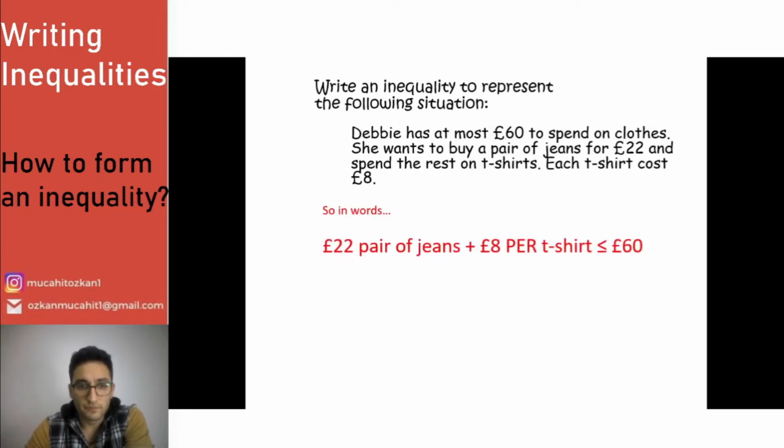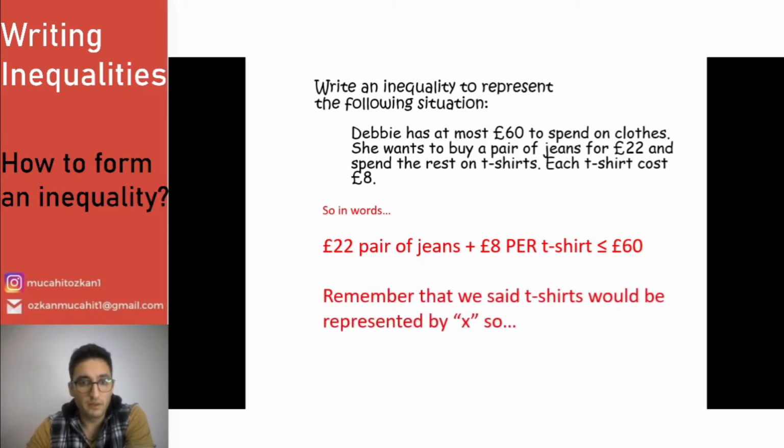So 22 pounds, a pair of jeans, plus each t-shirt is 8 pounds, but I don't know how many t-shirts I can buy. And the total cost has to be less than or equal to 60 pounds. And I said the number of t-shirts that I can buy is X. You can choose any letter.